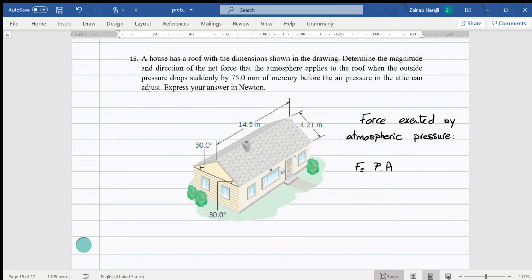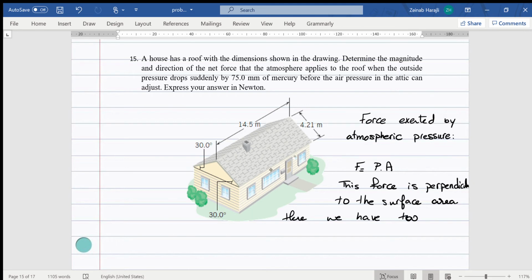And this force is perpendicular to the surface area. Here we have two surfaces. Our first surface is over here, and this is the force that will be exerted on it. Our second surface is here, and this is the force that will be exerted as well.